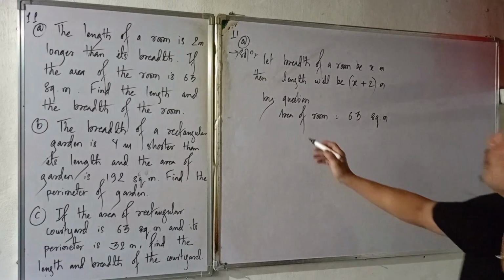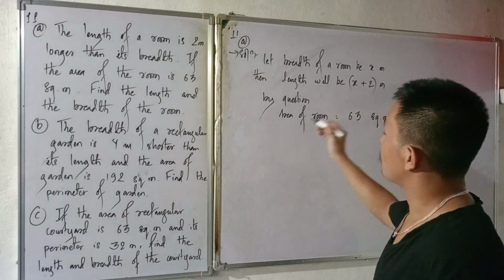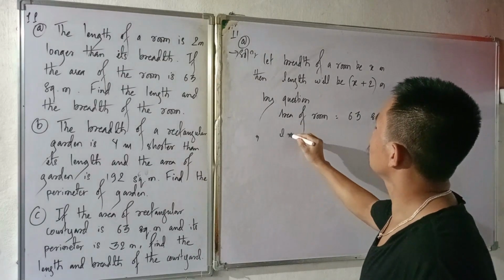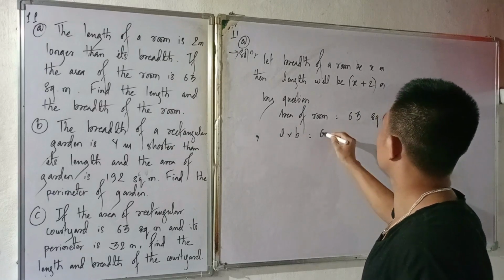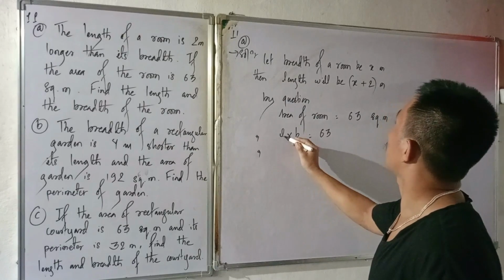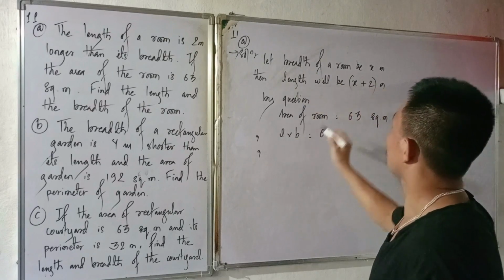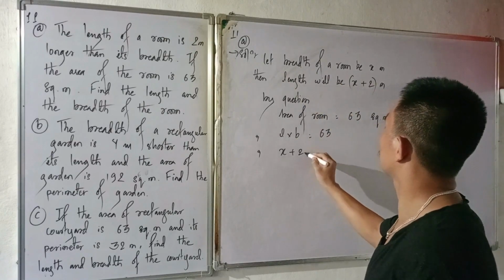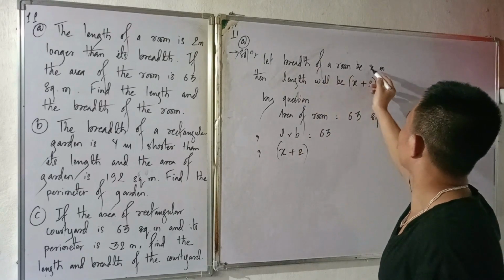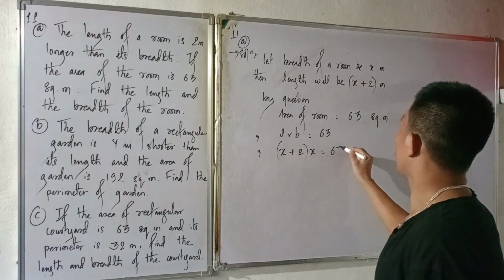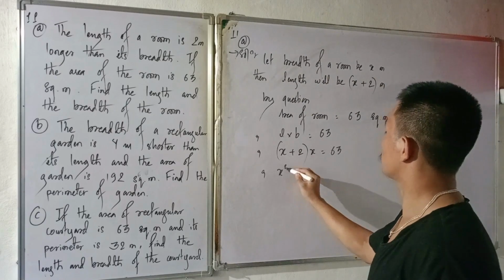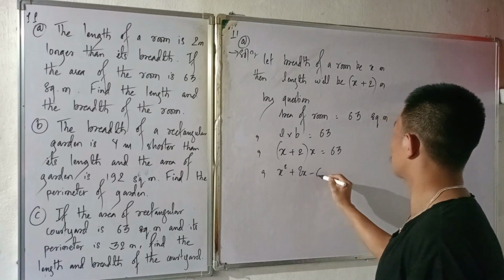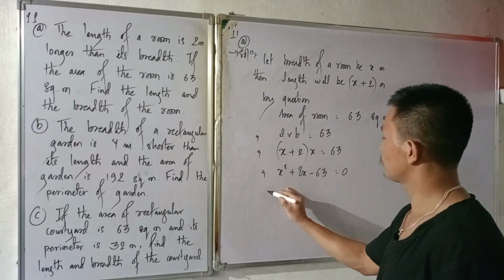Now you know the formula for area of a rectangular room, L into B. So this is 63. Now replace the value of length by x plus 2, and breadth we have considered x. Now you simplify: x square plus 2x minus 63 equals 0.